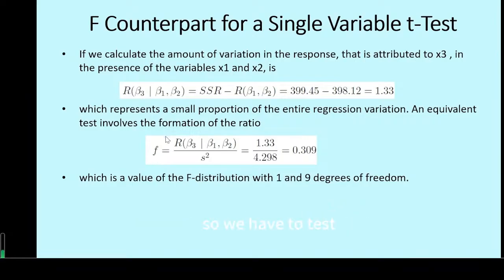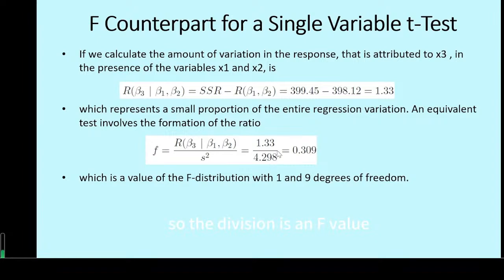So we have to test using ANOVA. ANOVA is the F-test, which divides the variation into two parts. First is the variation by variable 3, because it has only 1 degree of freedom, we can omit division by 1. And S square is the error sum of squares, which is the SSE divided by its degrees of freedom.